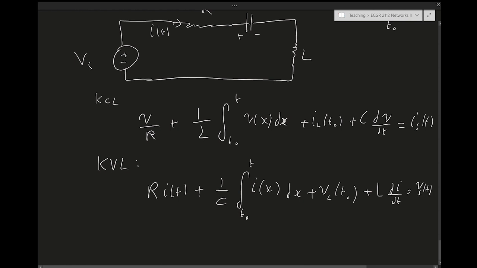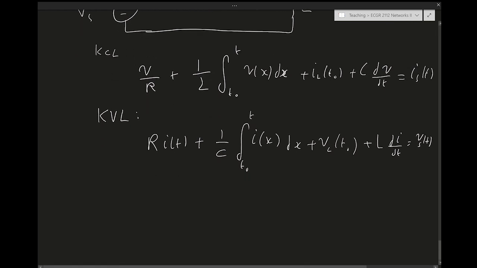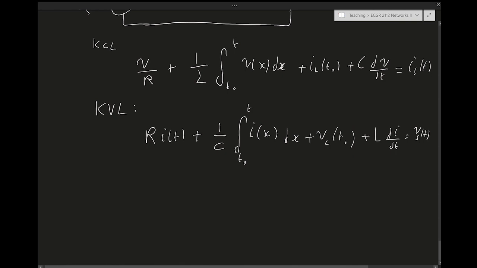Okay, so those two equations are hard to deal with because they have both integration and differentiation. Rather than working with equations that have integration in them, we would rather work with equations that are purely differential equations. The easiest way to turn both of them into purely differential equations is to just differentiate again. So differentiating this term, I get C d²V/dt².